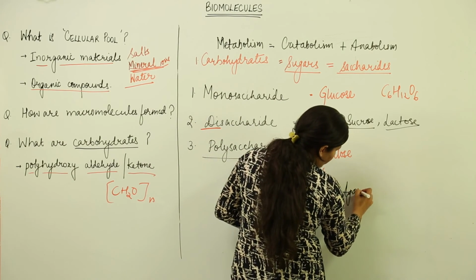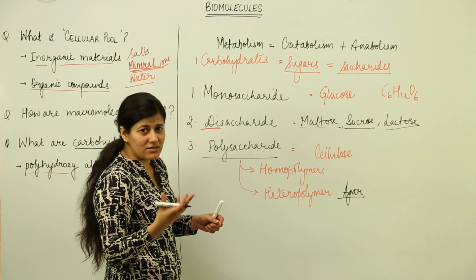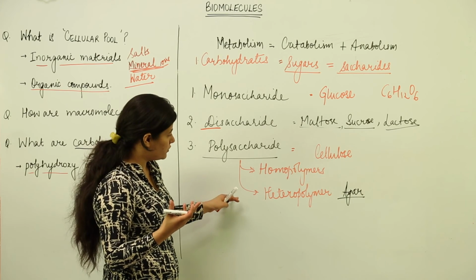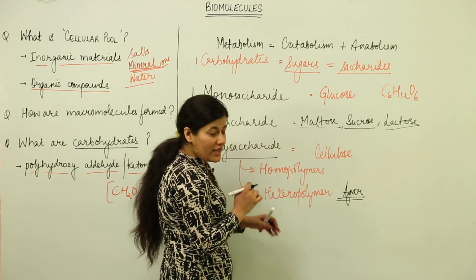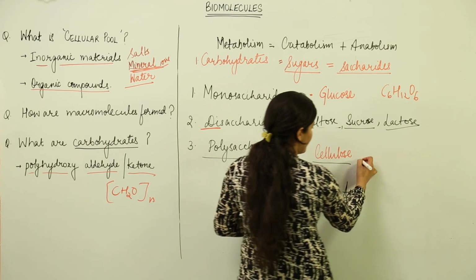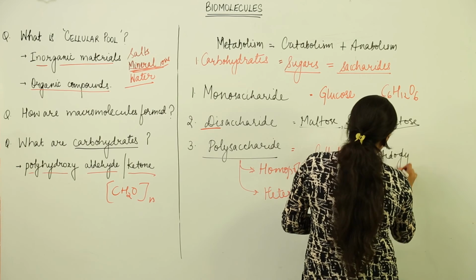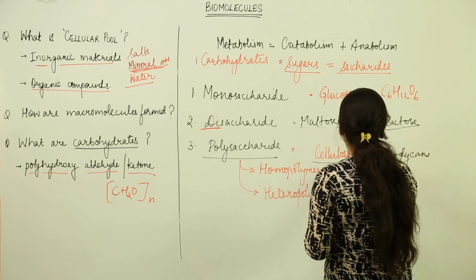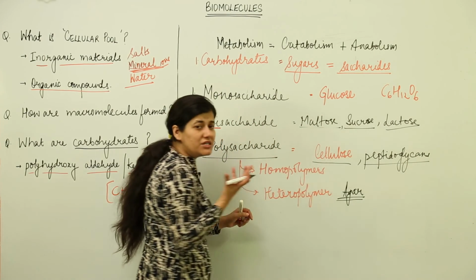You have read about agar. It is taken from sea algae and is used as a lab material and in many biotechnological processes, so it is a heteropolymer. Then we have cellulose, which is a homopolymer. Then we have peptidoglycans, and many types of polysaccharides are present which are important as building material of the cell.